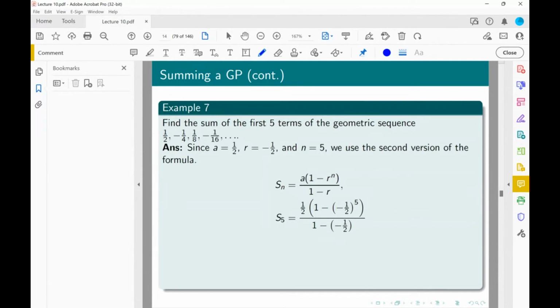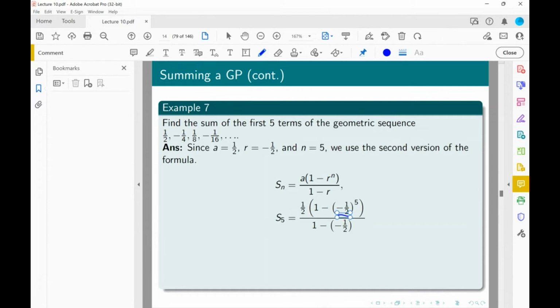So using this here, A is a half, substituting in R is 1 minus minus a half to the 5, so be careful that this negative is inside the brackets that we're taking the power of, all over 1 minus minus a half. And now this is going to be an odd power, so it's negative overall inside this component.